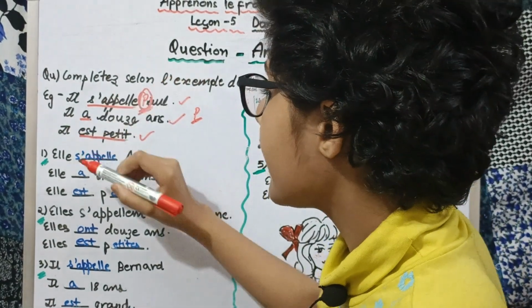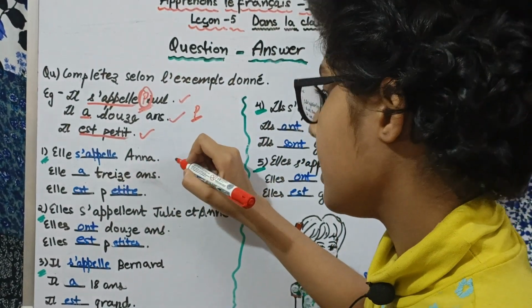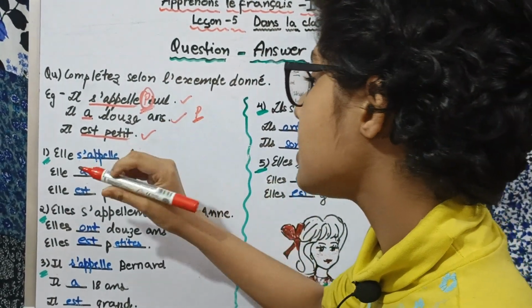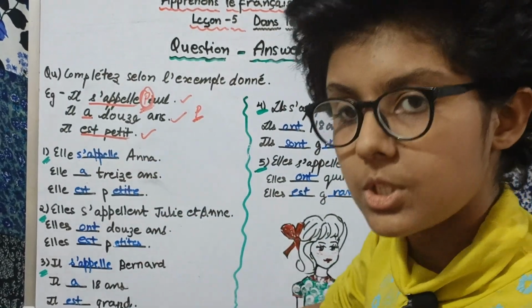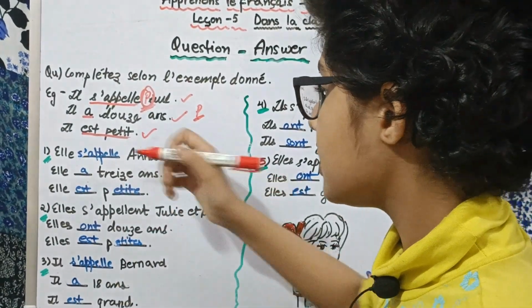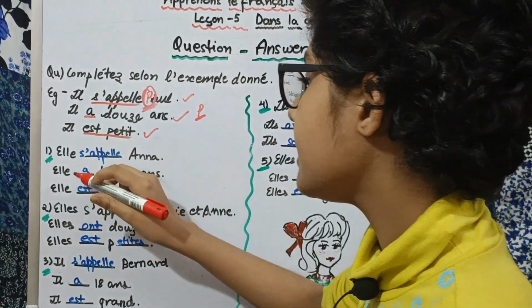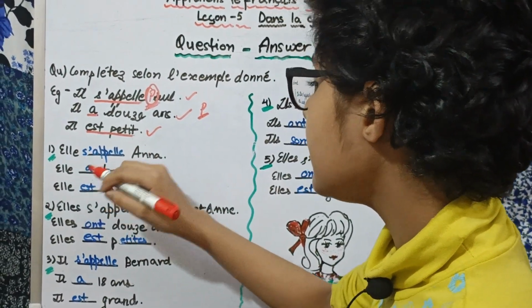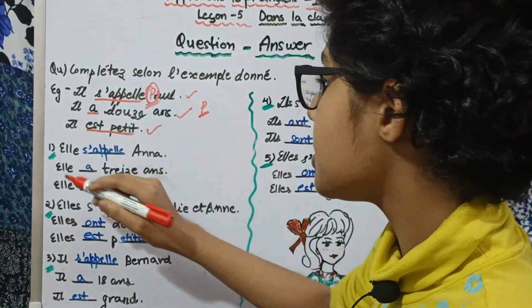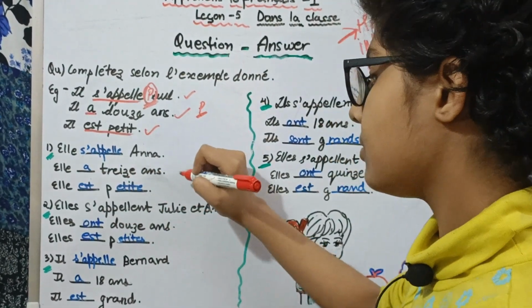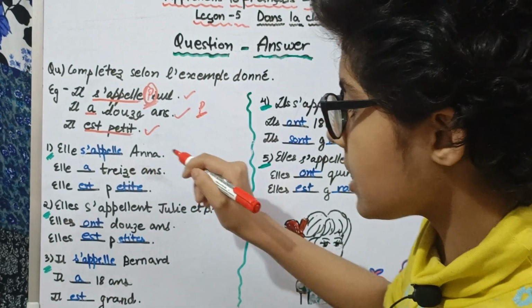So now we have elle dash an, which means she dash an. So what is she? Her name is An. Her name is An. So elle s'appelle An. Then we have the next sentence, that is elle dash 13 ans. She dash 13-year-old. So what is she? She is 13-year-old.